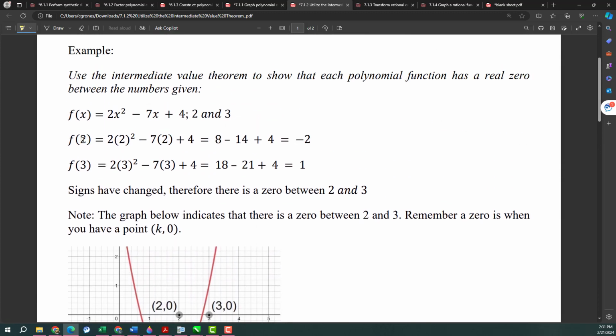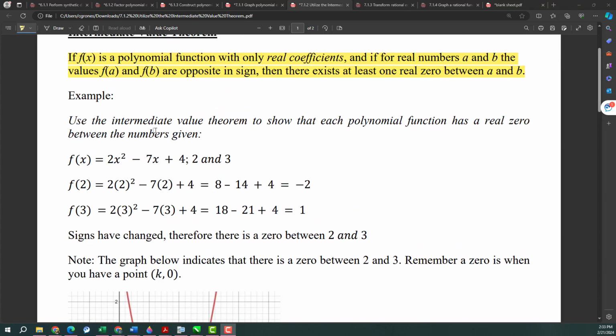So we have that f of x equals 2x squared minus 7x plus 4. So basically what that theorem is saying, if you look at this example, it says use the intermediate value theorem to show that each polynomial function has a real zero between the numbers given.